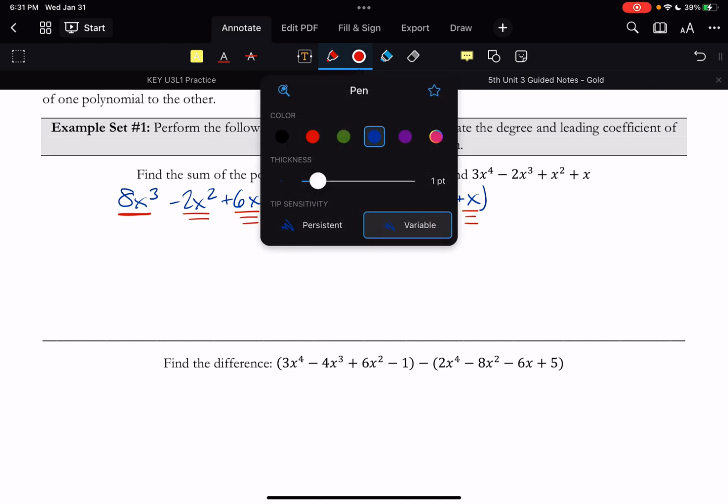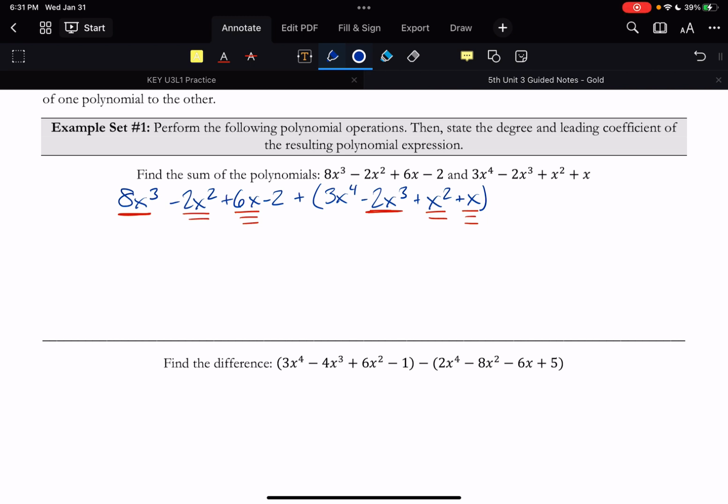So when I go and I combine all of those, I have my first term, I have 3x to the 4th, and then 8x cubed minus 2x cubed is going to get me positive 6x cubed. Negative 2x squared plus x squared is minus x squared. 6x plus x is 7x, and then I have minus 2.